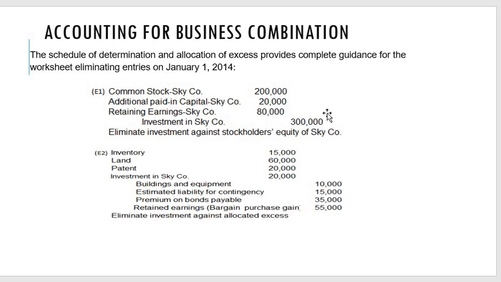Since the consideration is 280,000, you credit the investment in Sky account for more than its balance, so after the first entry the balance is negative. But in the second entry, to eliminate the investment account, you debit 20,000.